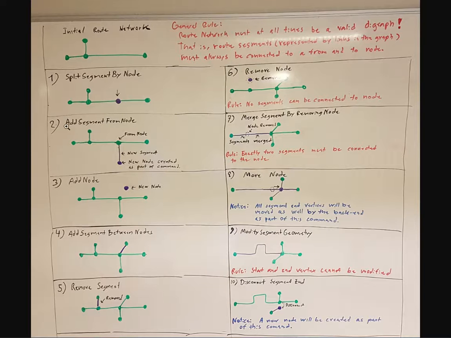Okay, then number 2 here is a command to add a segment where you start from an existing node and go somewhere. So the user typically wants to, for example, if they have created this node up here in number 1, continue from that and create some route down. For example, it could be a side road, and they begin to draw a line which represents a segment, and at some point they end it.